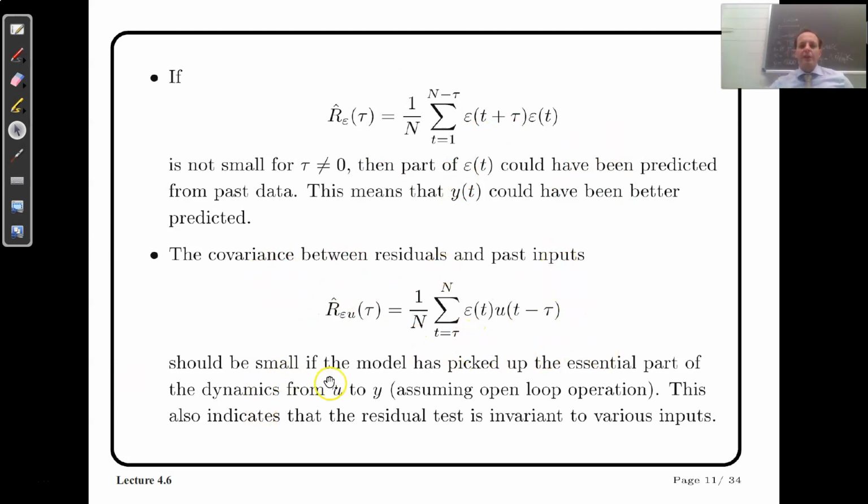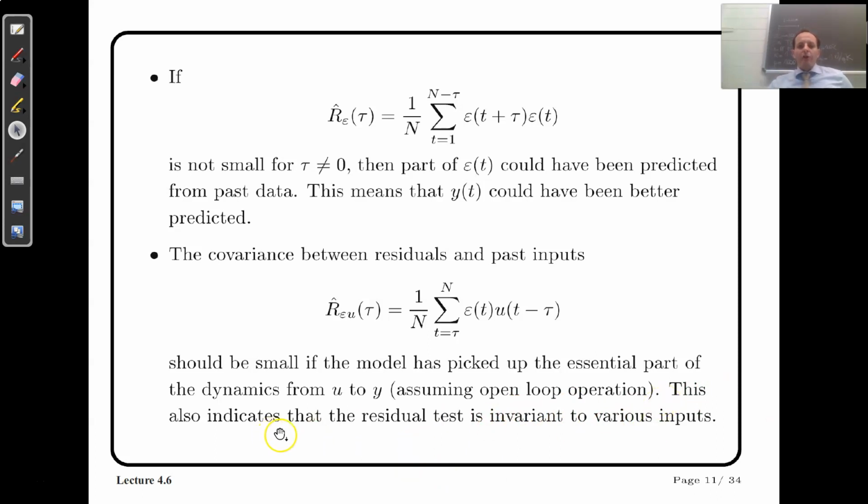This should be small, because normally in the residual there shouldn't be any correlation with the input. The model should have been able to extract all the interesting part of your dynamics on the output, assuming, of course, the open loop operation.